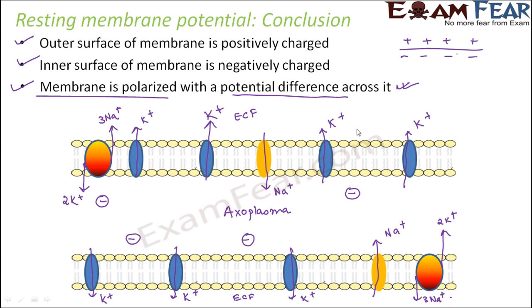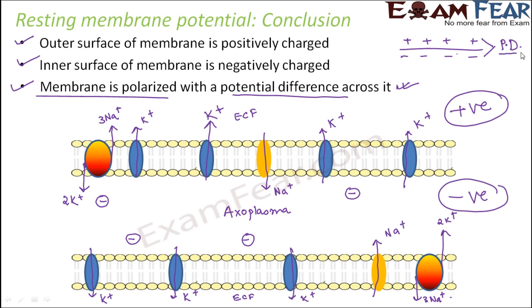So more positive ions are present outside when compared to inside. On top of that, there are some immobile negatively charged ions already present inside. So that means inside is negatively charged and outside is positively charged. And this is what we are talking about here. So outside of the membrane is positive, inside of the membrane is negative. This gives rise to a potential difference, and that is why the membrane is said to be polarized.